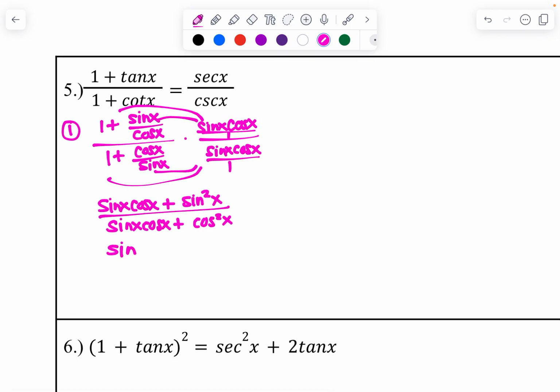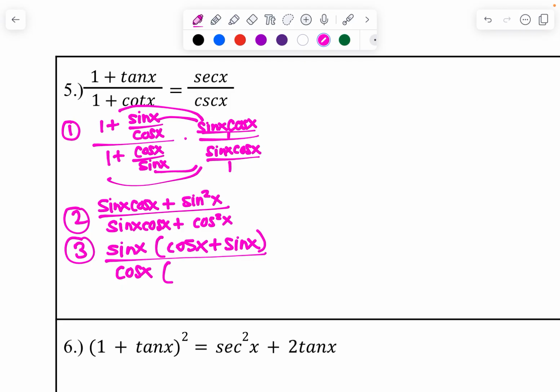So in the top, we can factor out a sine of x, and we'll have, forgetting to number my steps, sorry, sine of x times cosine of x plus sine of x. In the bottom, GCF is cosine of x, so we can take that out and have sine of x plus cosine of x. And although they're written in the opposite orders, addition is commutative, it's the same value, so these are going to divide out and leave us with sine of x over cosine of x.